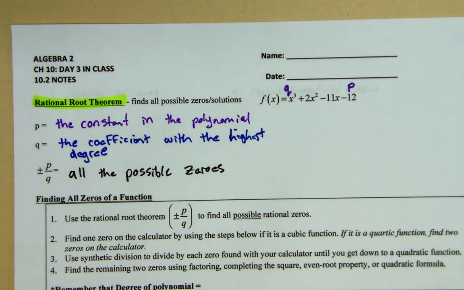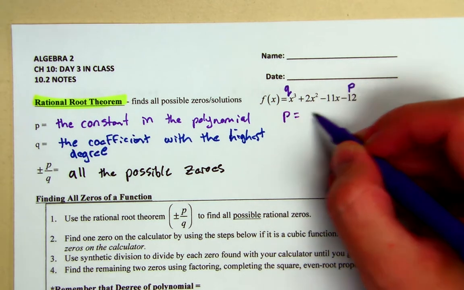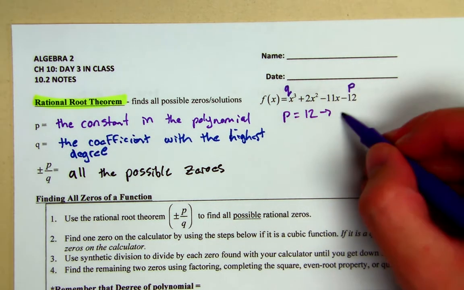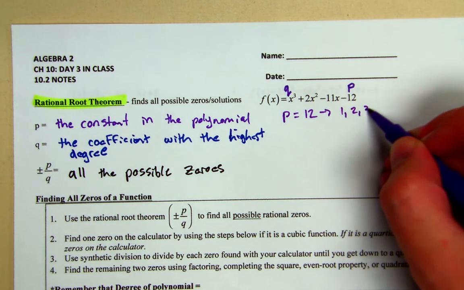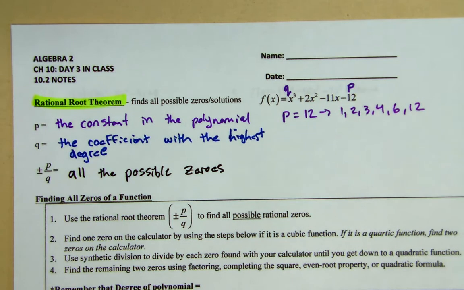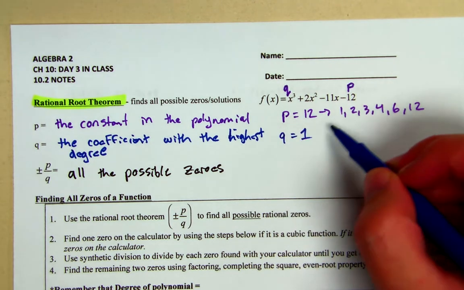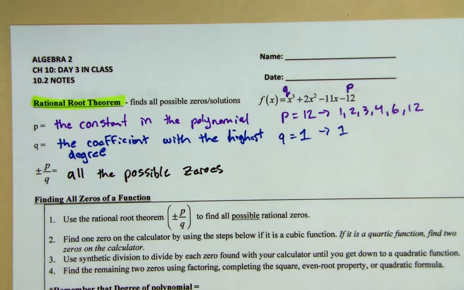So taking this example here, we have P equals 12. So the factors of 12 are 1, 2, 3, 4, 6, and 12. Now, Q in this case is 1, which is nice because the factors of 1 are just 1.